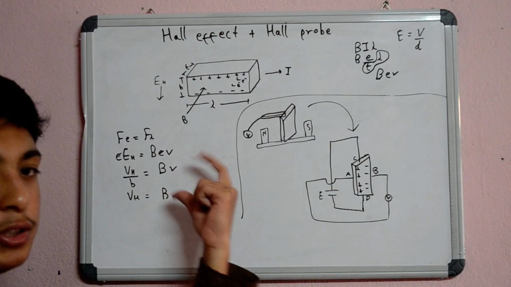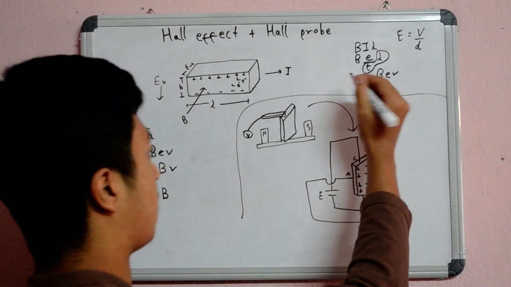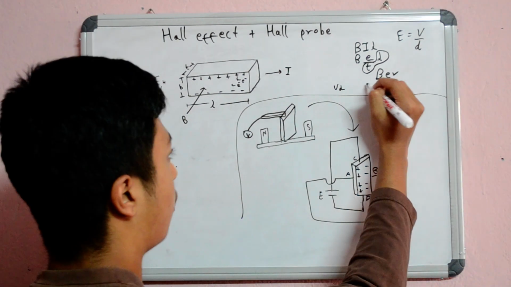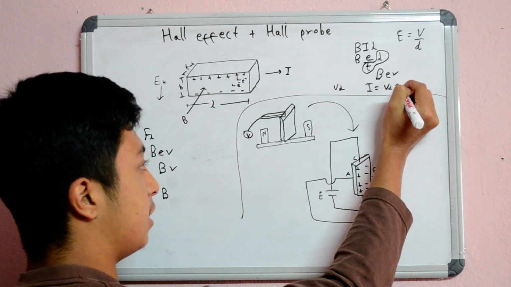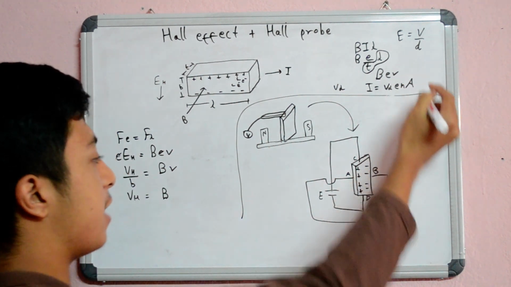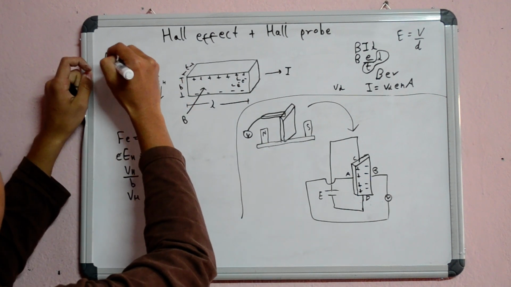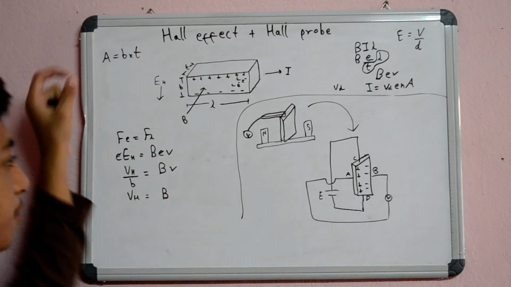So what is velocity? Well, here the velocity of these electrons is actually the drift velocity. And here we know that the current is equal to v_d n e A, where A is the cross-sectional area of this rectangular conductor, which is breadth into thickness.